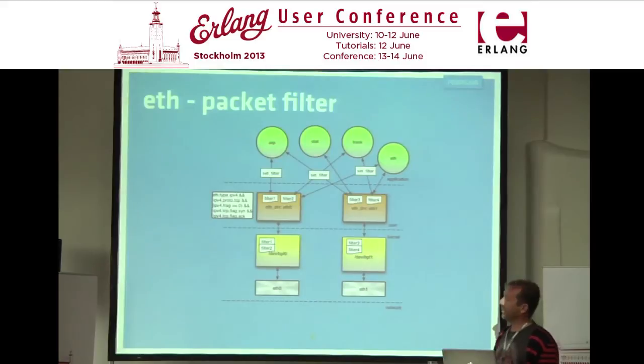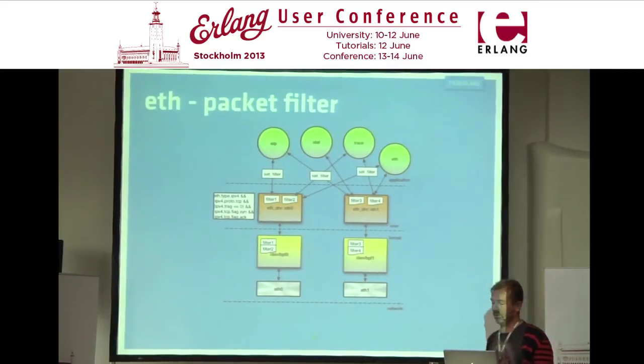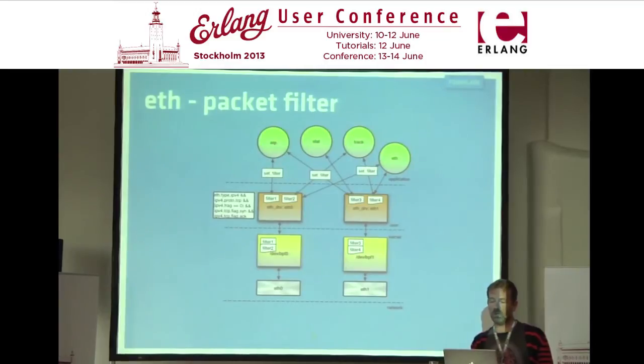And the process to the right, the ETH process, is actually the process that does this work. It collects the filters and combines them and pushes them down to the kernel. And the kernel can also push down to network interfaces that support them.